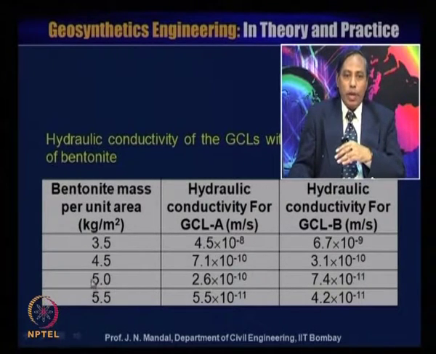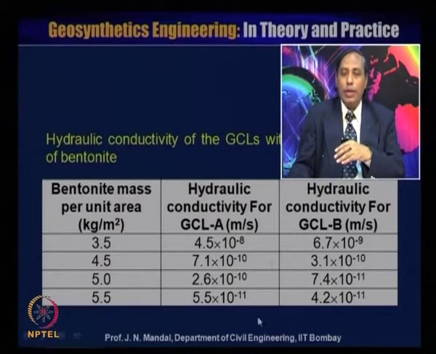When the mass per unit area is 5, the hydraulic conductivity for GCL A is 2.6 into 10 to the power minus 10 meter per second, and for GCL B 7.4 into 10 to the power minus 11. Then when the mass is 5.5, the hydraulic conductivity for GCL A is 5.5 into 10 to the power minus 11, and for GCL B 4.2 into 10 to the power minus 11.